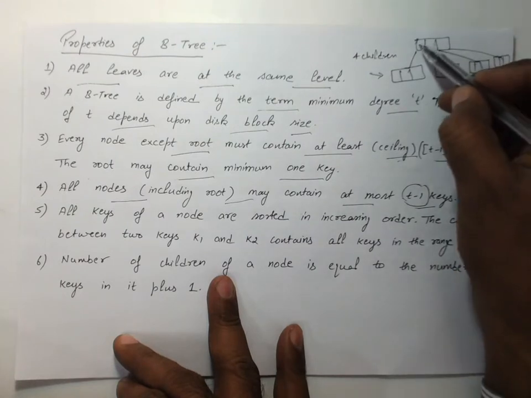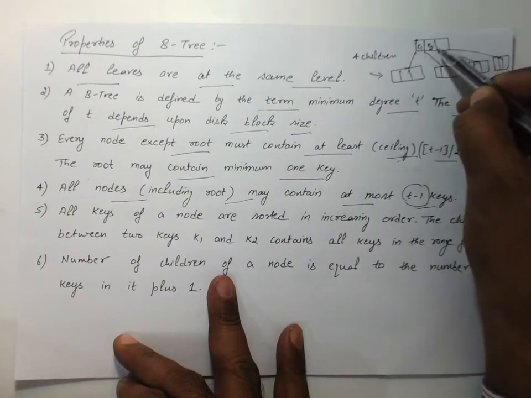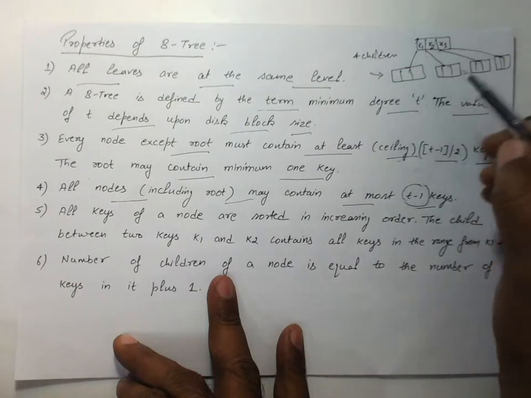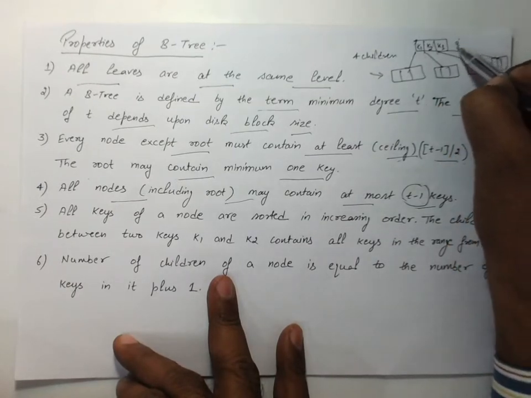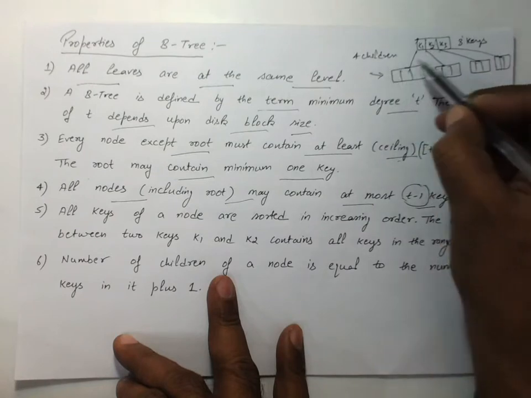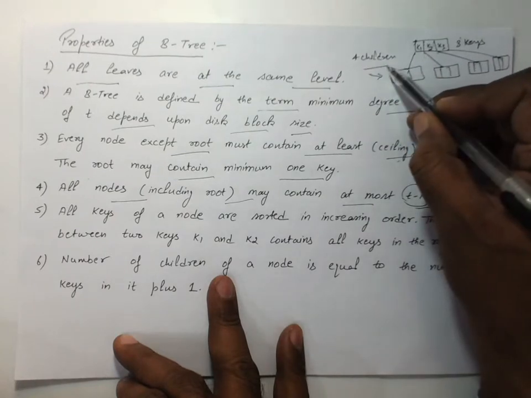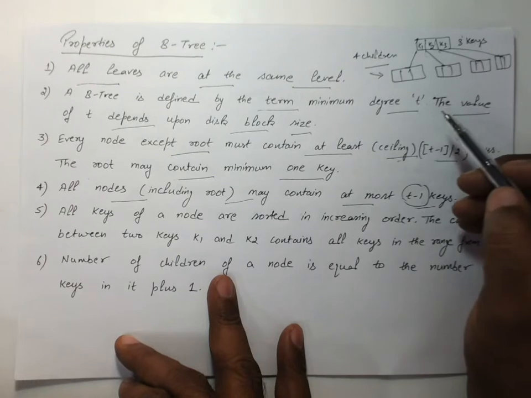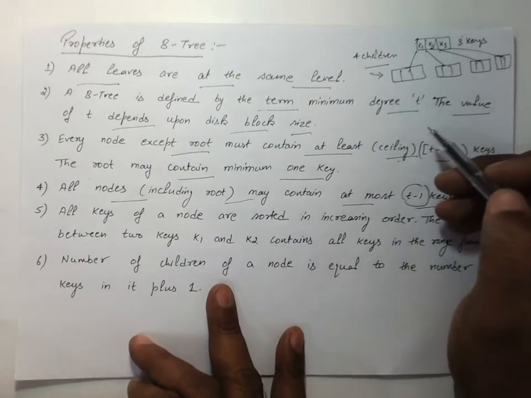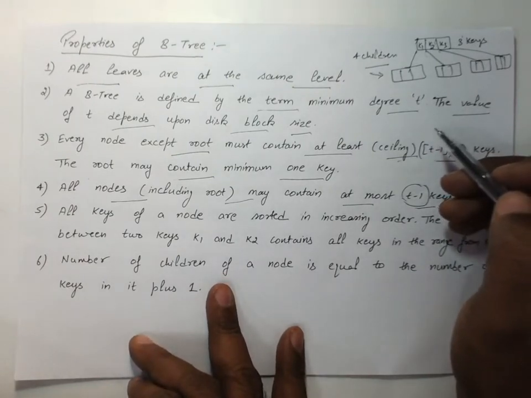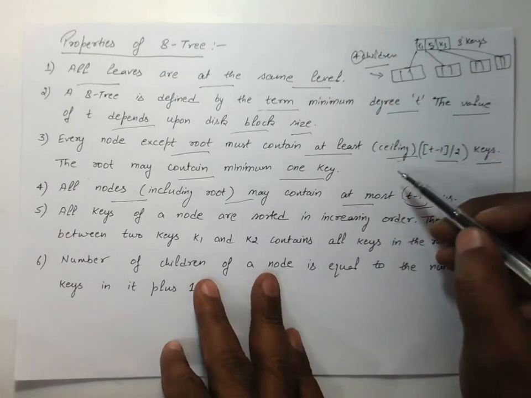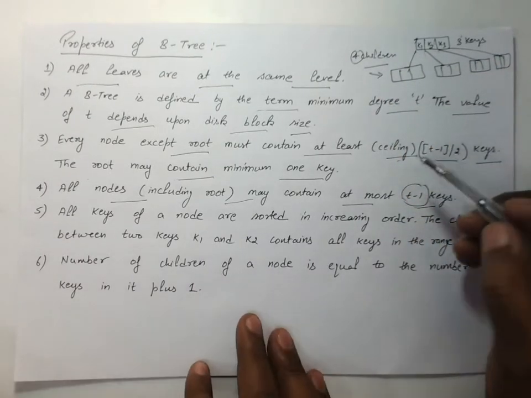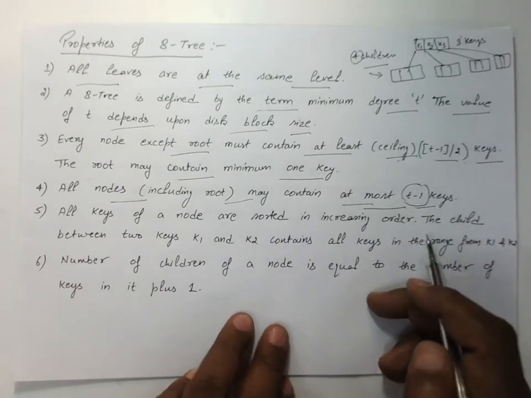So here you can store K1, K2 and K3, at most 3 key values, with 4 children. So if a node has 4 children, you can store at most 3 key values, and this is the property of the B tree.